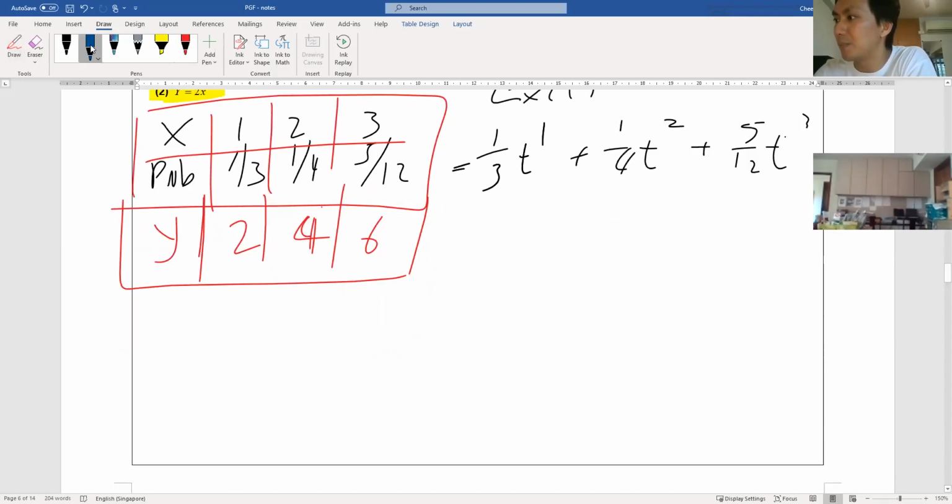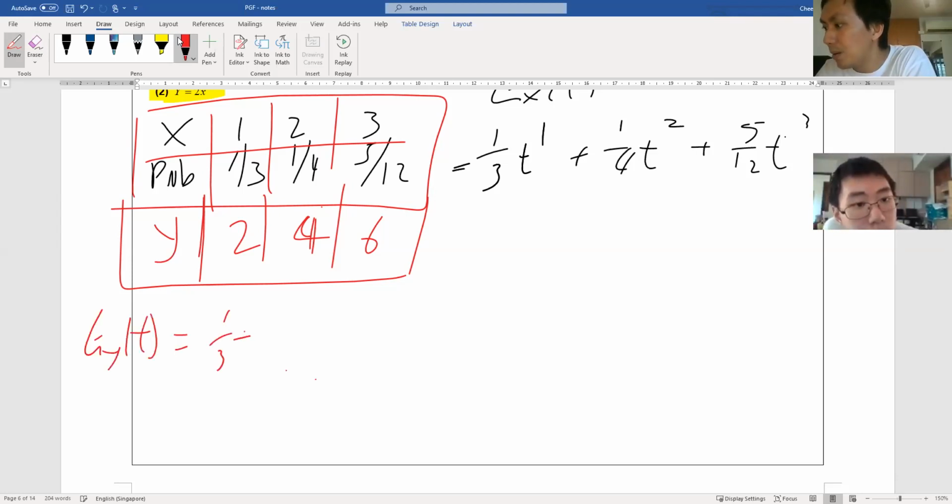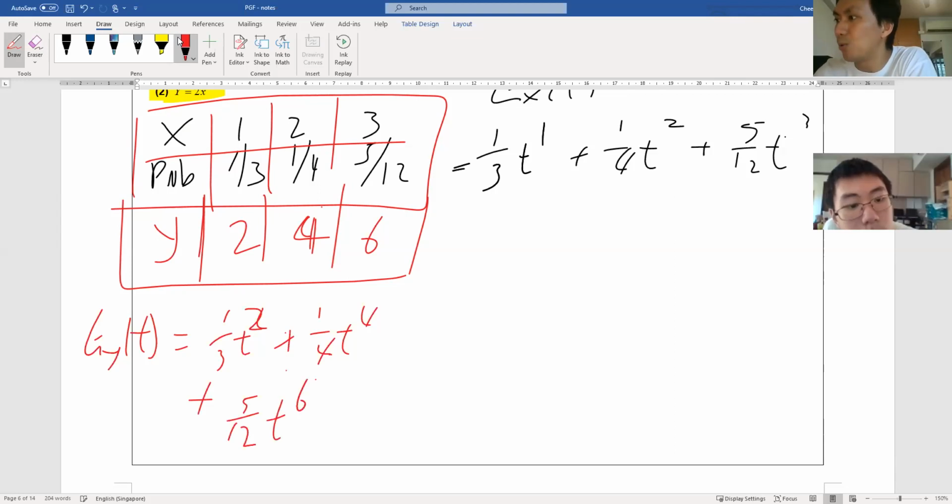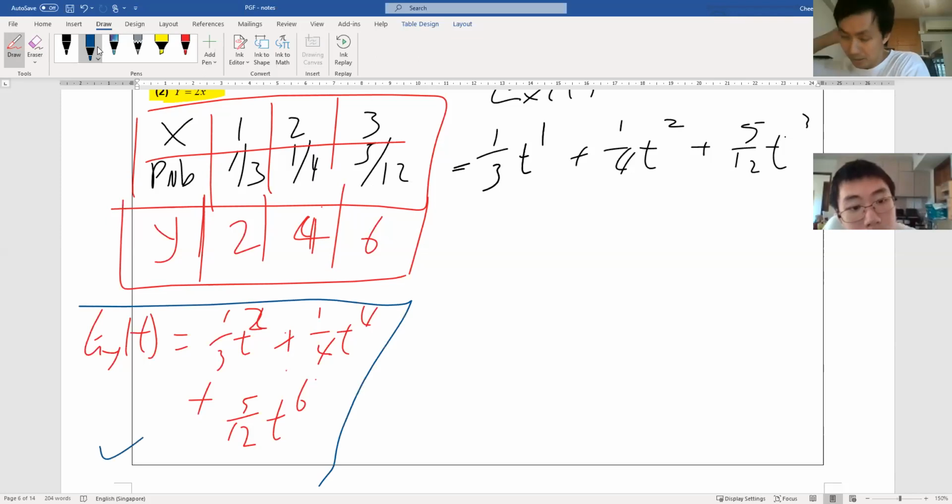So this is just 1/3 t squared plus 1/4 t to the power 4 plus 5/12 t to the power 6. And then this will be the answer for the PGF of y immediately already. Okay. If you want to go through the polynomial definition, it's just g_y(t).